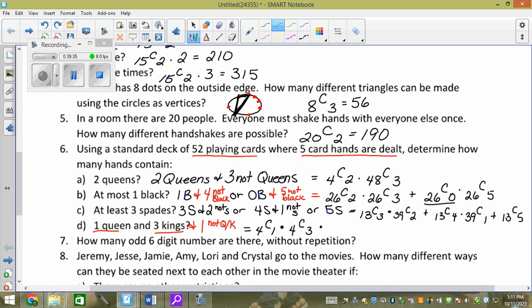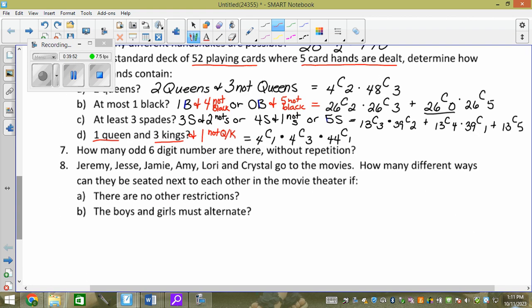How many of the cards in the 52 are not queens or kings? 44. How'd you figure that out? 52 minus 8. And yes, math. So it's 44 C1. Tomorrow, please make sure you're giving me the actual solutions to those, typed into your calculator.